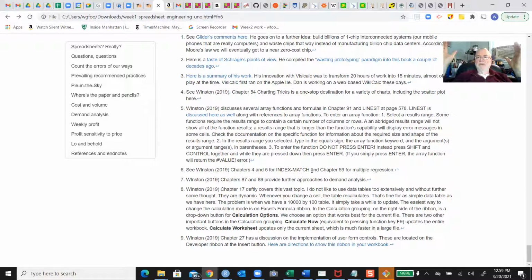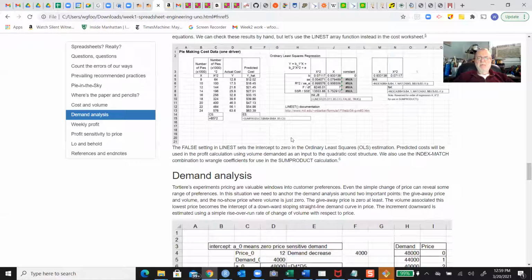You want to be the one who knows index match, definitely. I can't emphasize that enough. So this is how it works. But then we can actually put together predicted costs using the sumproduct, and we'll show you how that works in a separate video.